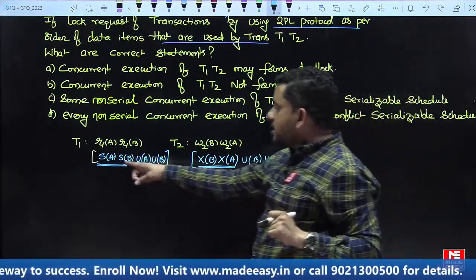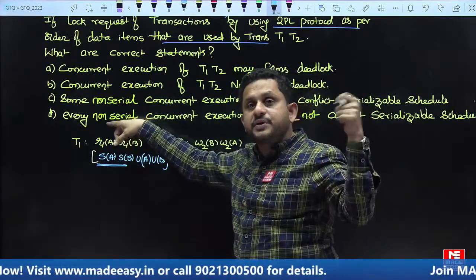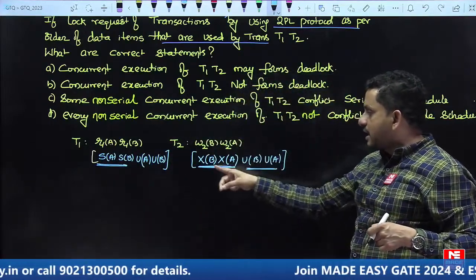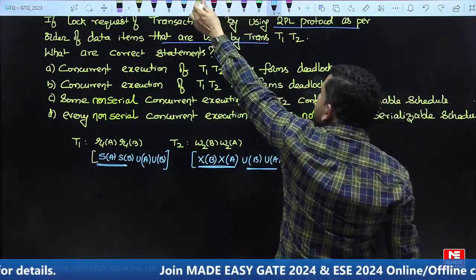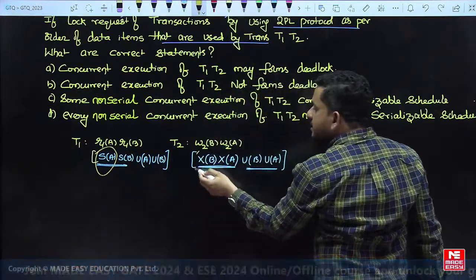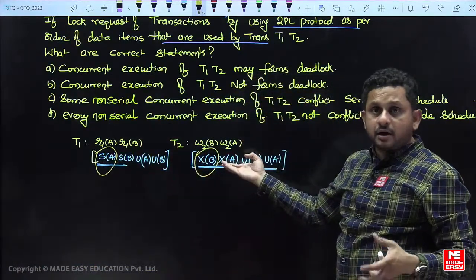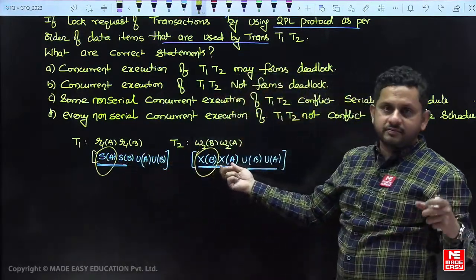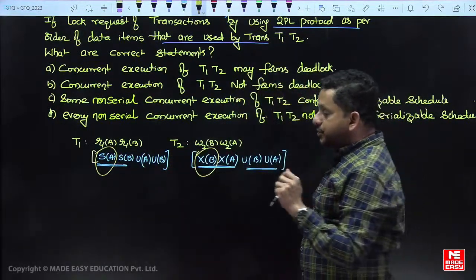Now if each transaction requests locks as per the order in which it uses the data items, T1 locks A then B, and T2 locks B then A. Does this form a deadlock? Yes, it is possible. If T1 locks A and T2 locks B, then A is held by T1 and B is held by T2.